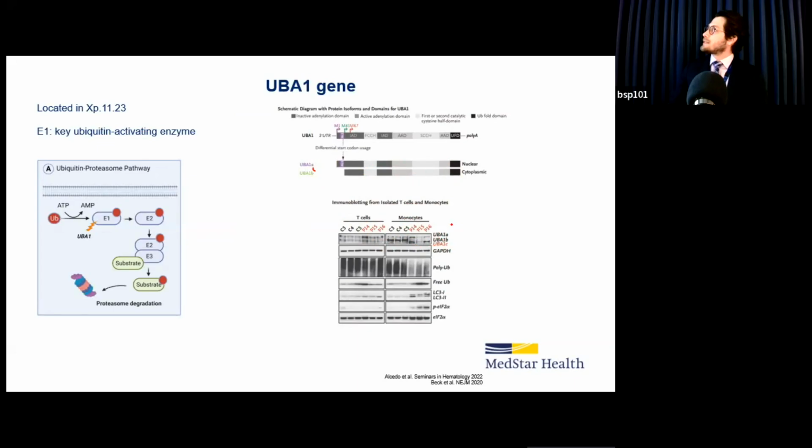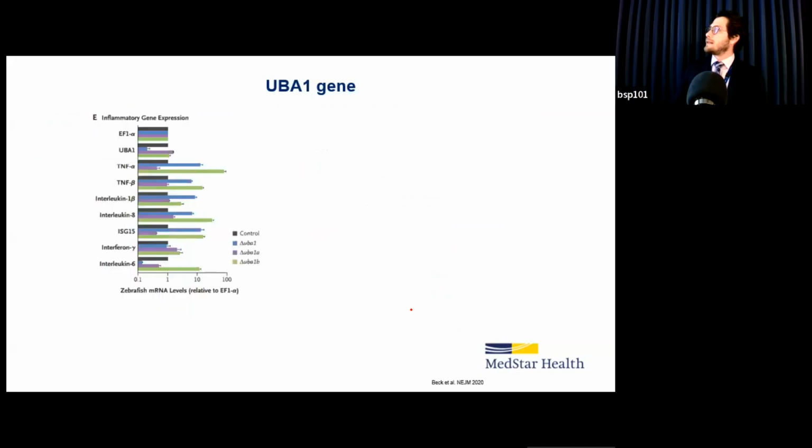So the conclusion is that these mutations cause this change in the cytoplasmic form of the enzyme, leading to decreased ubiquitination, increased free ubiquitin, and then this leads to abnormal proteasome degradation pathway. So this is basically what is causing the disease.